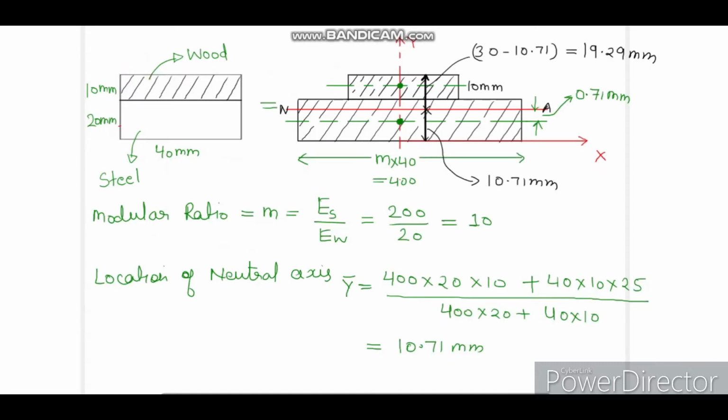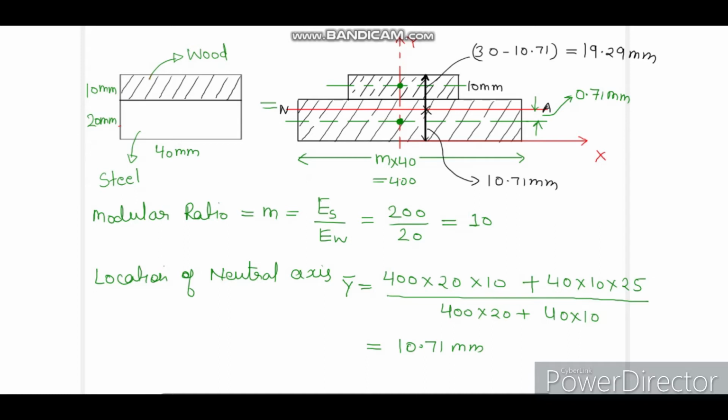This is a composite section made up of two materials, so we can draw the equivalent section. First of all, we have to find the modular ratio, which is the ratio of the Young's modulus of steel and wood. This will be 200 divided by 20, equal to 10. This part is the wood.